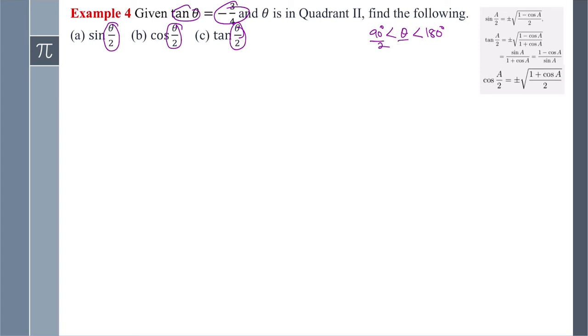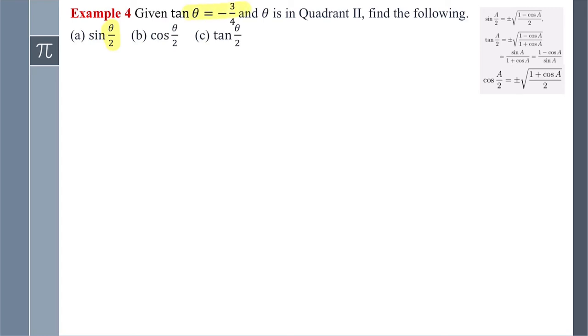Taking the half of this range gives us 45 degrees to 90 degrees, so theta over 2 is in between 45 degrees and 90 degrees. That means these angles are in the first quadrant. So all of the values that we are going to find will be positive, because theta over 2 is in the first quadrant, while theta is in the second quadrant.